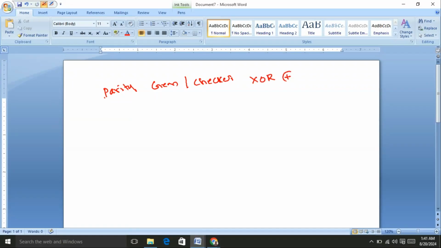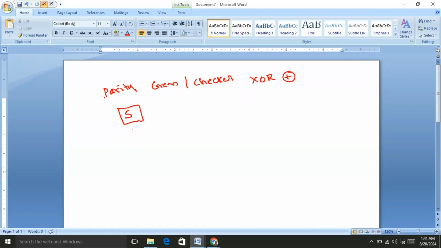Its symbol is like that. It identifies the bit errors in the data. The parity generator is added on the sender side.